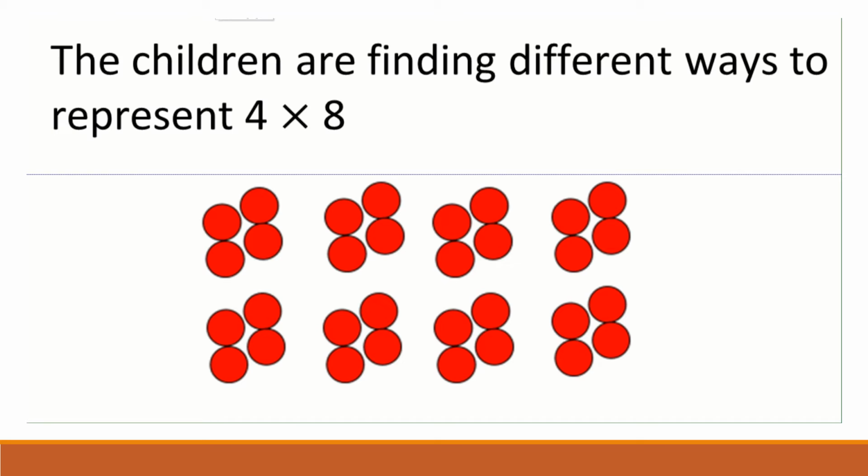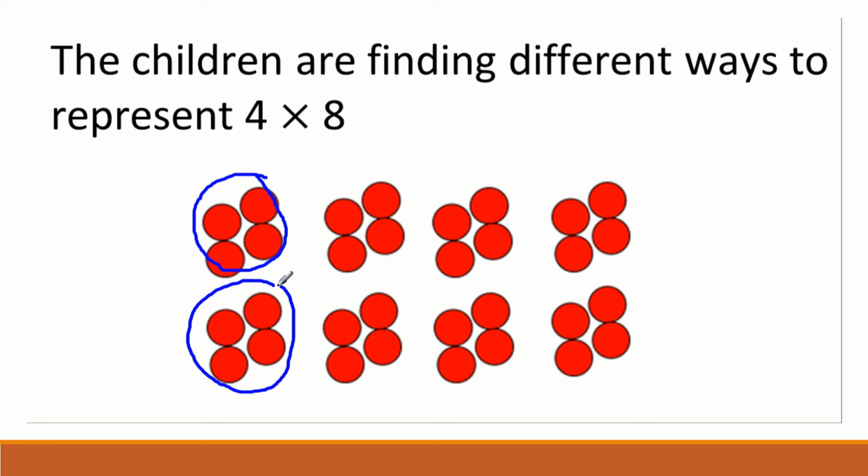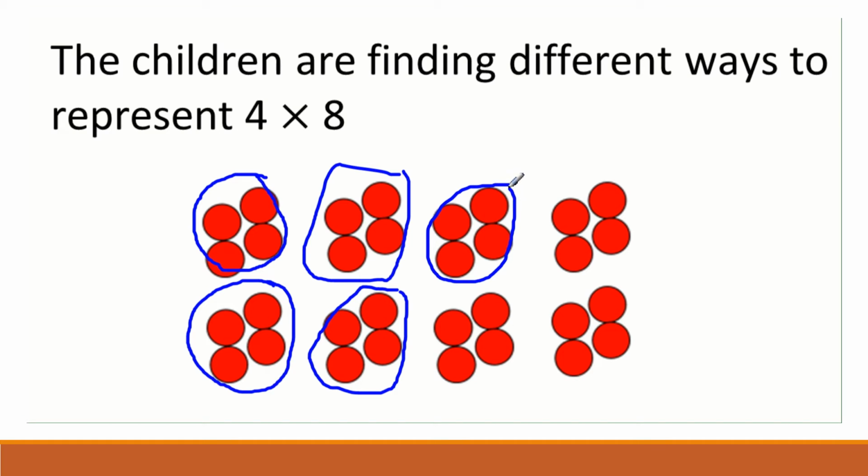Let's just get a pen and we can see that's 1 group, 2 groups, 3 groups, 4 groups, 5 groups, 6 groups, 7 groups, 8 groups.